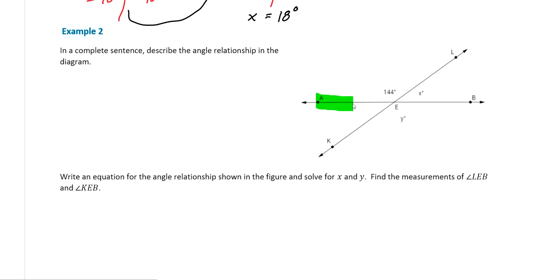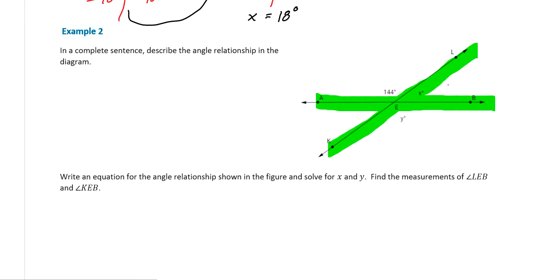So let's see, we have this line and this line. So I notice that here we're going to have angle measurement LEB and KEB. Those are opposites of each other. So they actually have the same angle measure because they are vertical angles.